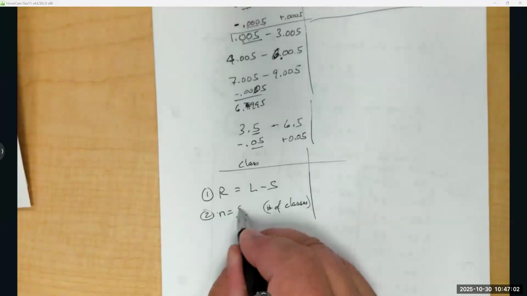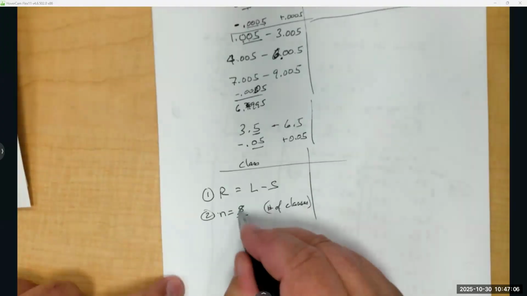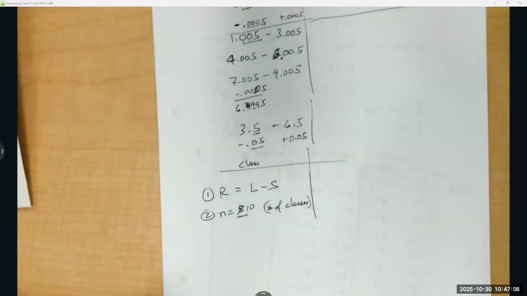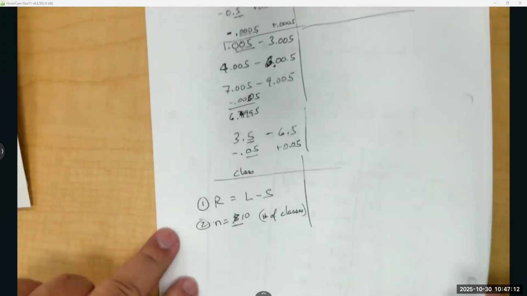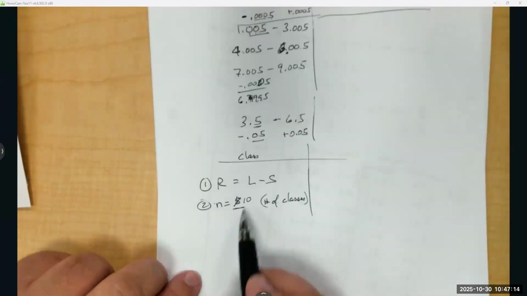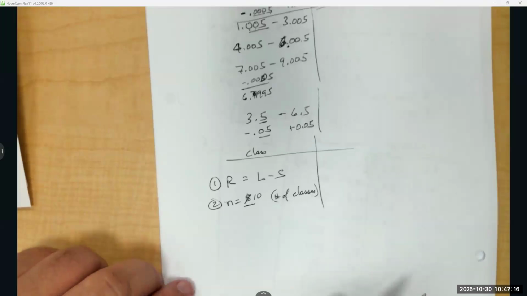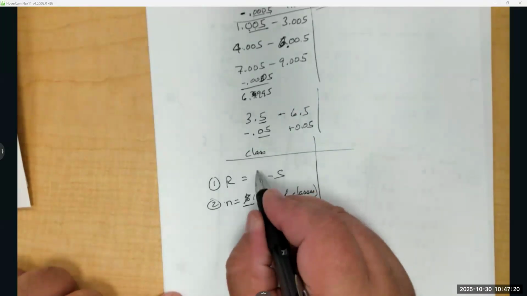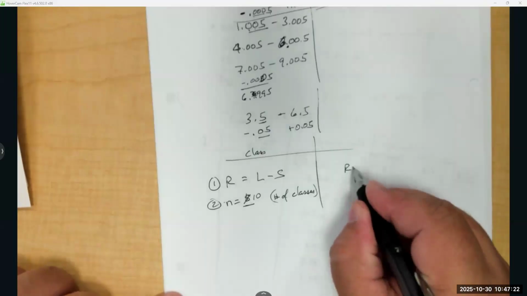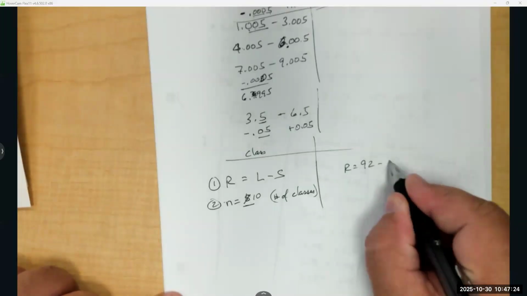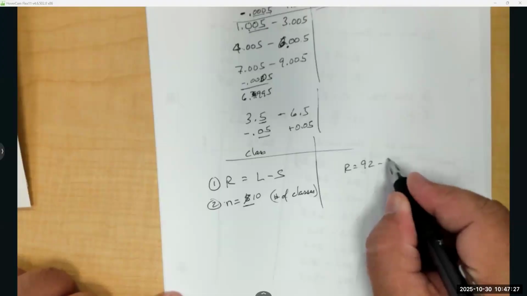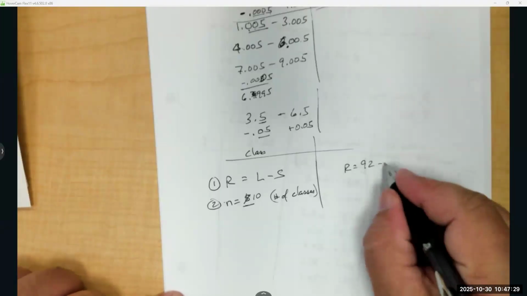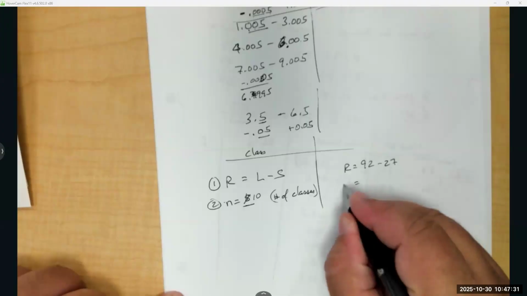So in this last example, we said we wanted 8. What would happen if we wanted 10? Let's look again. Let's do the same data set with n equals 10. So our range is what? 92 minus what? What was the small number? Which equaled what?